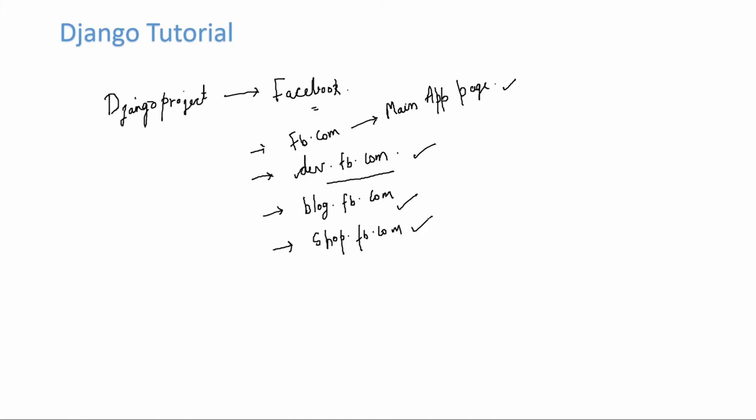And this is achieved using apps in Django. So I might say this is app 1, this is app 2, this is app 3, and this is app 4, and we might have 4 maintainers of these 4 apps. If we do that, all 4 of those maintainers can take care of their respective apps, and the maintenance will be amazing. So this is how a Django project is structured.